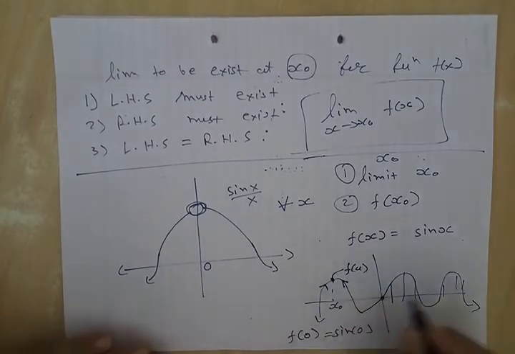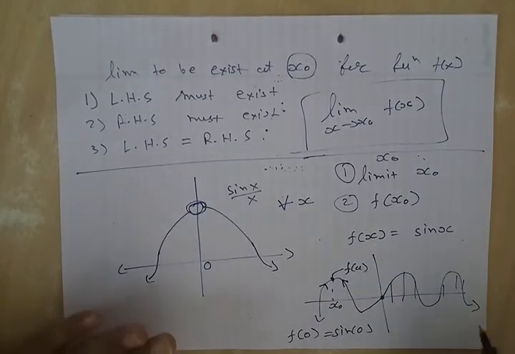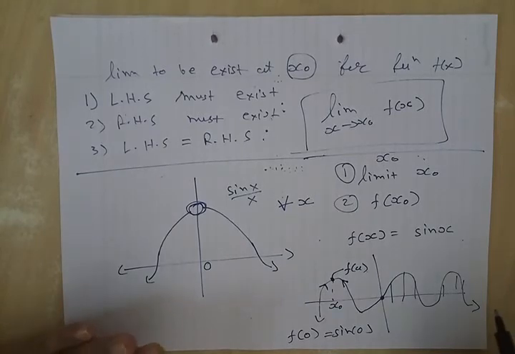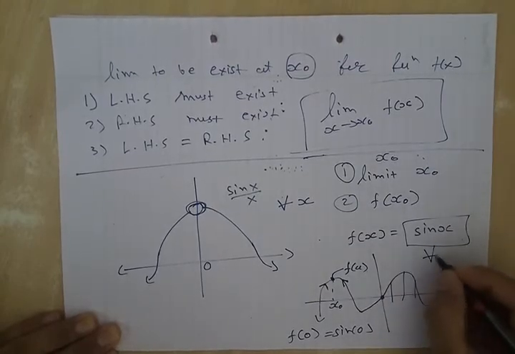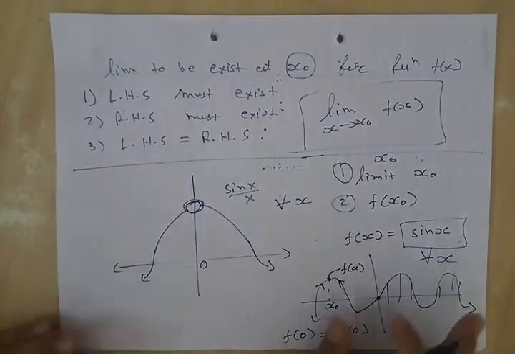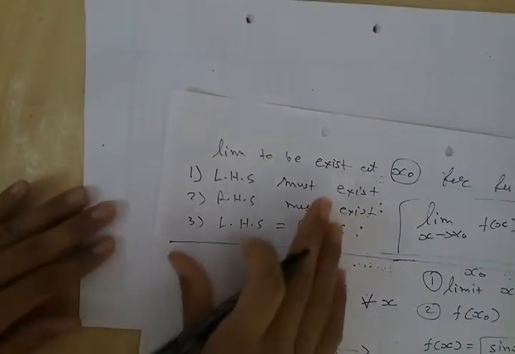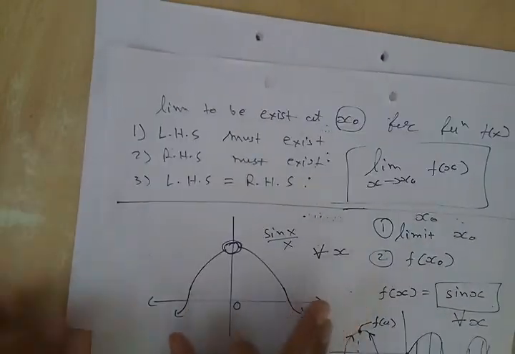So for each and every value of x, the function is defined and it has a limit. So we can say that sin x is continuous for every x. Now this condition can be asked in the GATE exam.